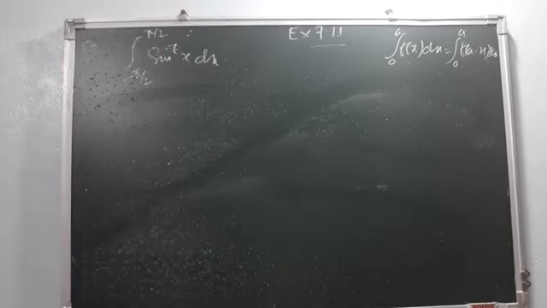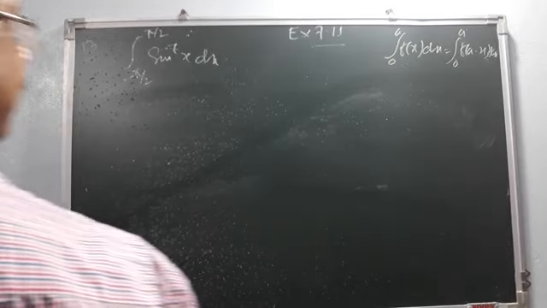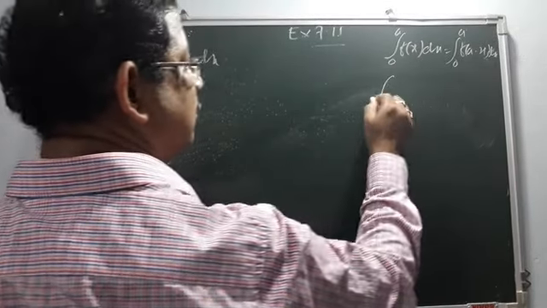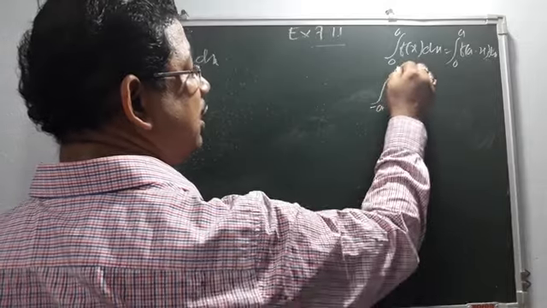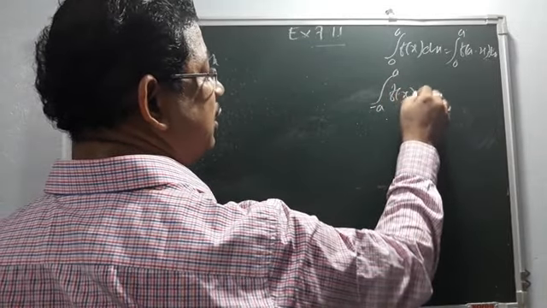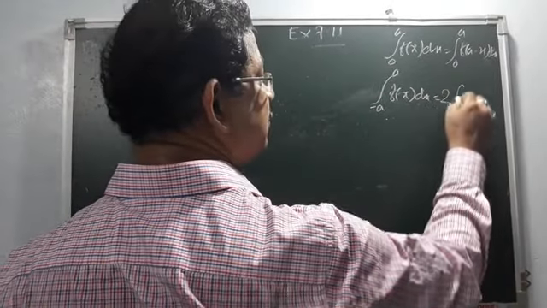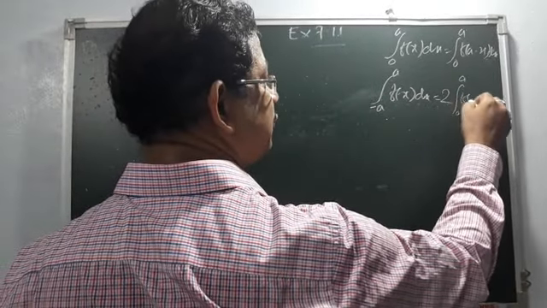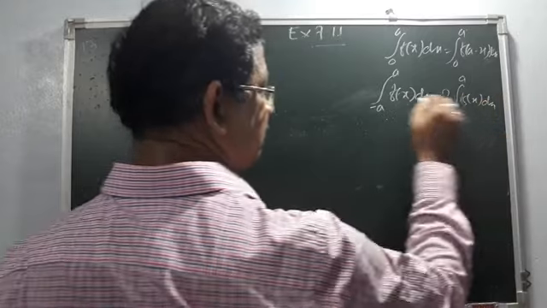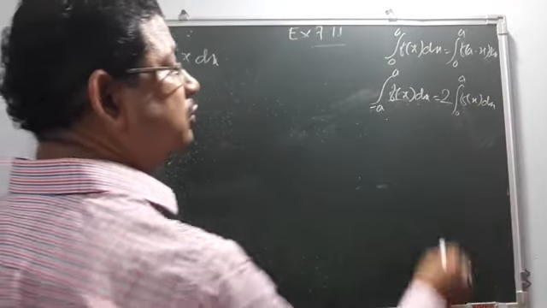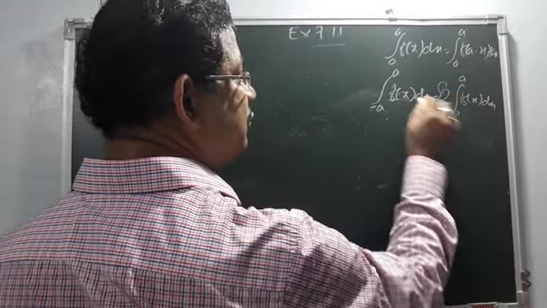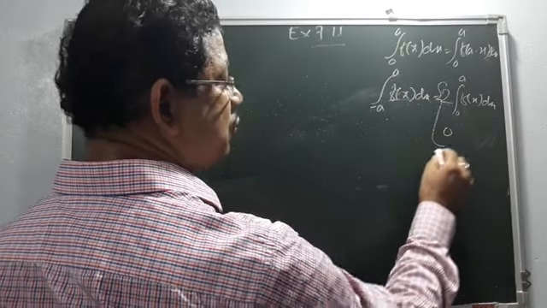Now here we will use one formula. Integration from minus a to a of f(x) dx is twice the integral from 0 to a of f(x) dx if this is an even function, and this is 0 if it is an odd function.